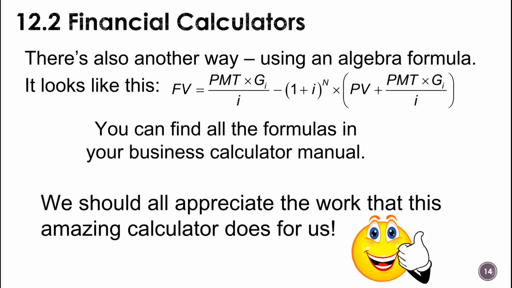As you can see, if we had to use this formula 12 times, I don't think we'd be very happy at the end of that. So we should all appreciate the work that this amazing calculator does for us. I find that my students usually enjoy the financial calculator because it turns out to be a very interesting tool.